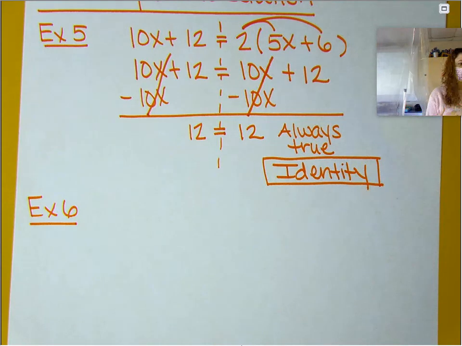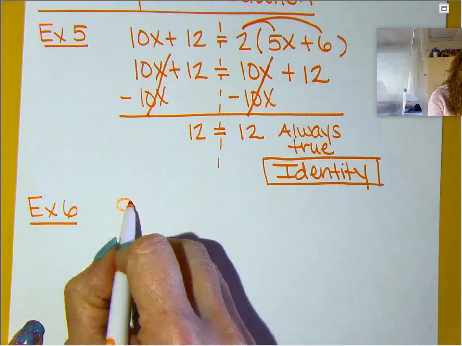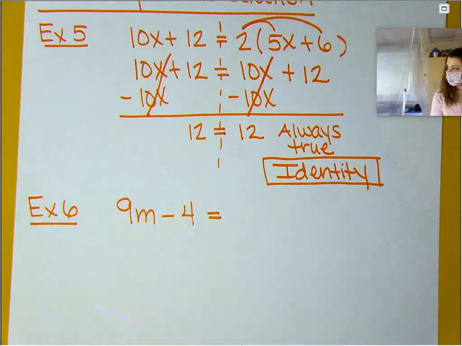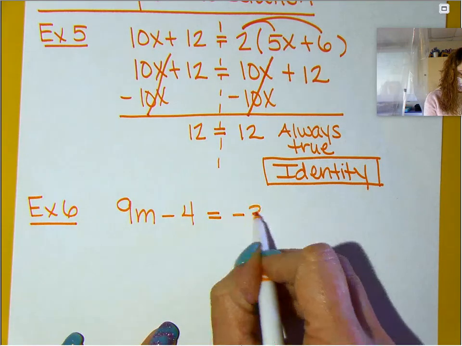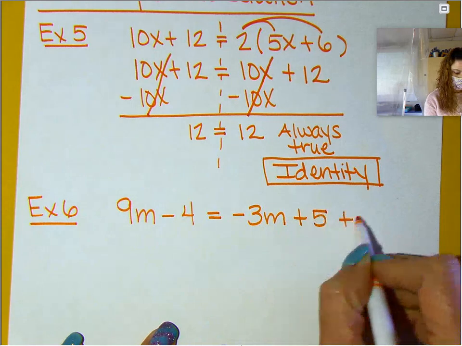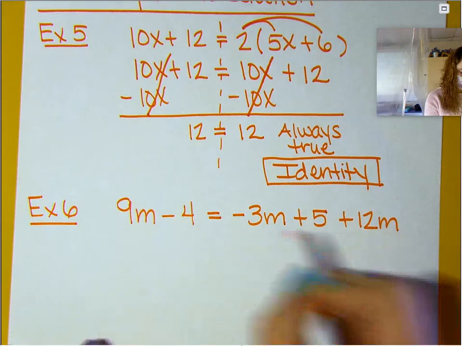So here on this last one, we can do this one together as well. We're going to do 9m minus 4 is equal to negative 3m plus 5 plus 12m.